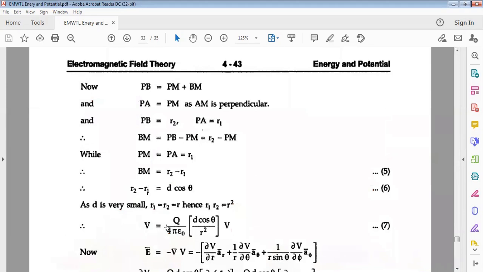V is equal to Q by 4 pi epsilon naught, d cos theta by R square. As d is very small, R1 and R2 are approximately equal to R. So the potential V is approximately Q d cos theta by 4 pi epsilon naught R square, in volts.